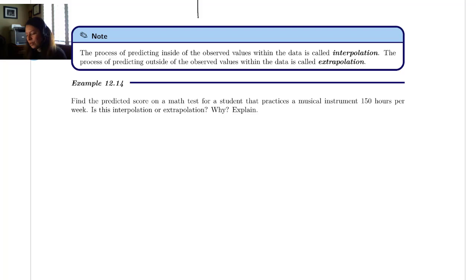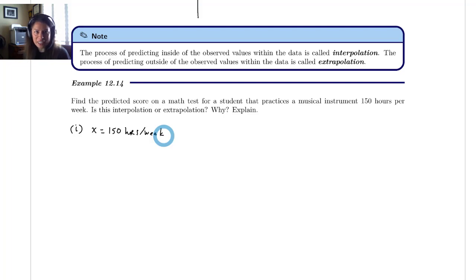And so let's try an example and see why sometimes going outside the scope of the model may not make sense. Find the predicted score on a math test for a student that practices a musical instrument for 150 hours per week. Is this interpolation or extrapolation? Why? Explain. So the first thing, let's just note that x equals 150 hours per week is a little over 20 hours per day.